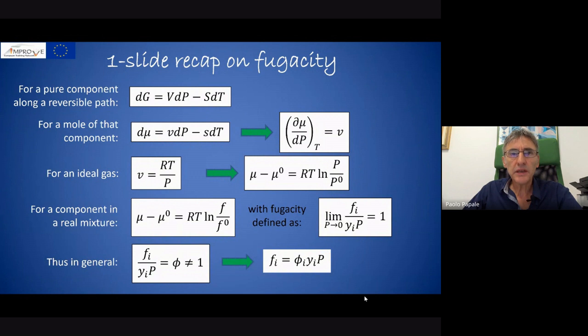By combining the first and second laws, and through the Legendre transformation, we defined 4 different but equivalent versions of the fundamental equation expressed in terms of differential changes of internal energy, enthalpy, Helmholtz energy, or Gibbs energy.